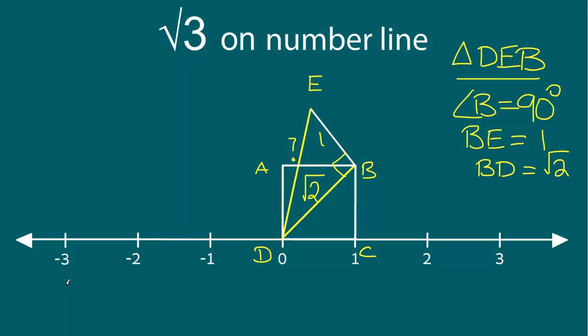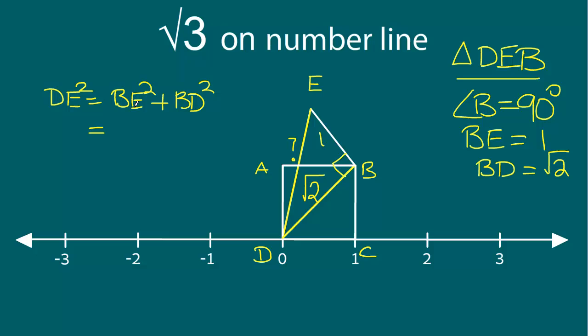So we can say that DE square equals BE square plus BD square, right? So hypotenuse DE square is equal to BE square plus BD square by Pythagoras theorem.